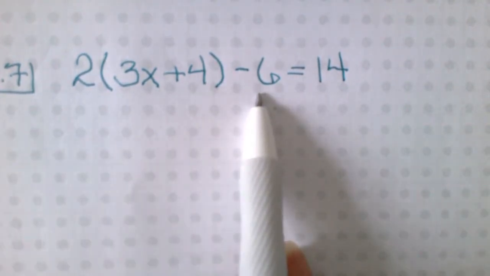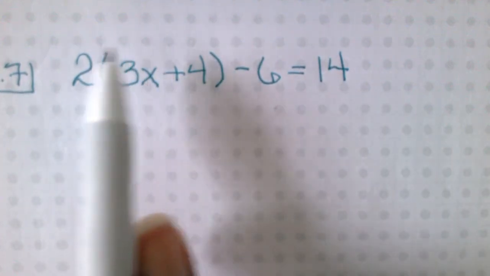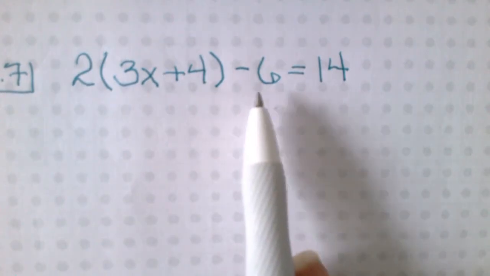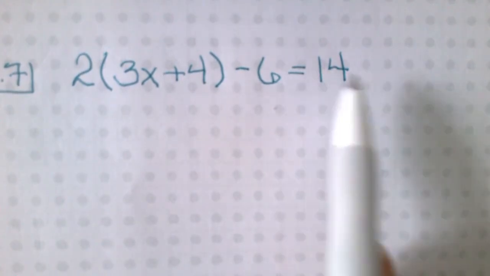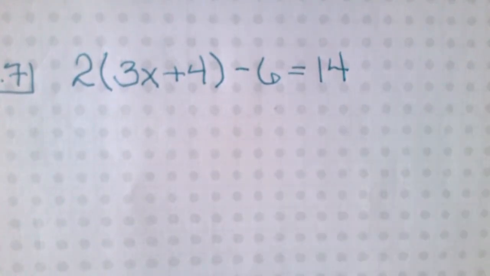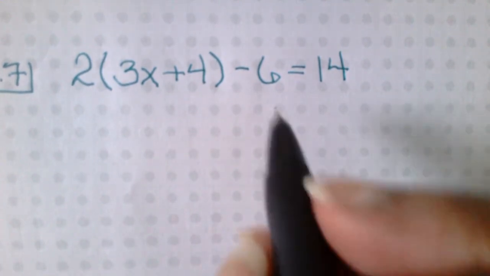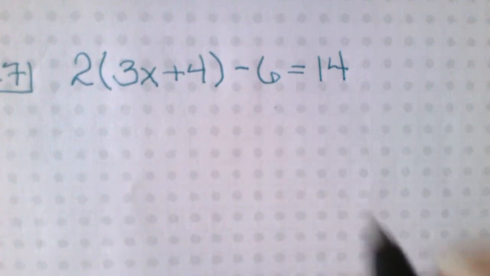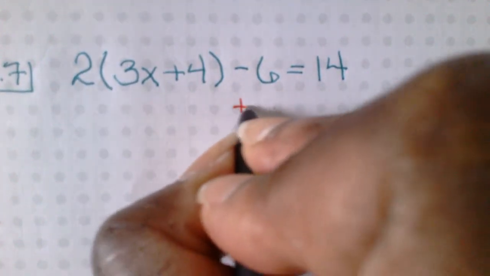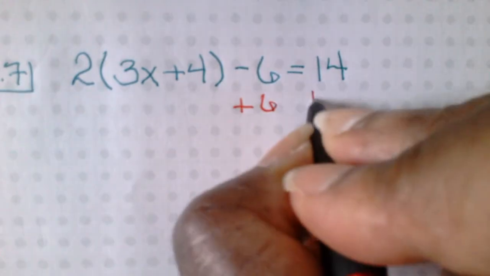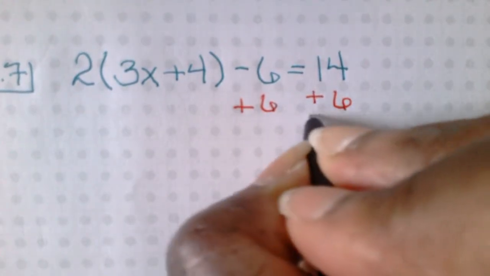So why not, Apple user, I see you, why not combine our like terms? So instead of doing the distributive property, let's move this -6. Let's push that 6 over to the other side of the equal sign. How can we do that? Do the inverse. So we're going to add 6 on both sides.